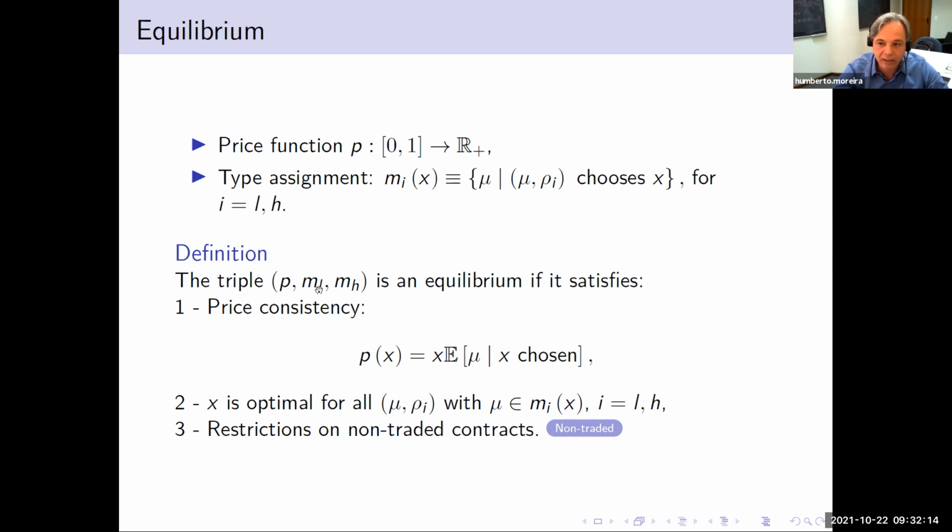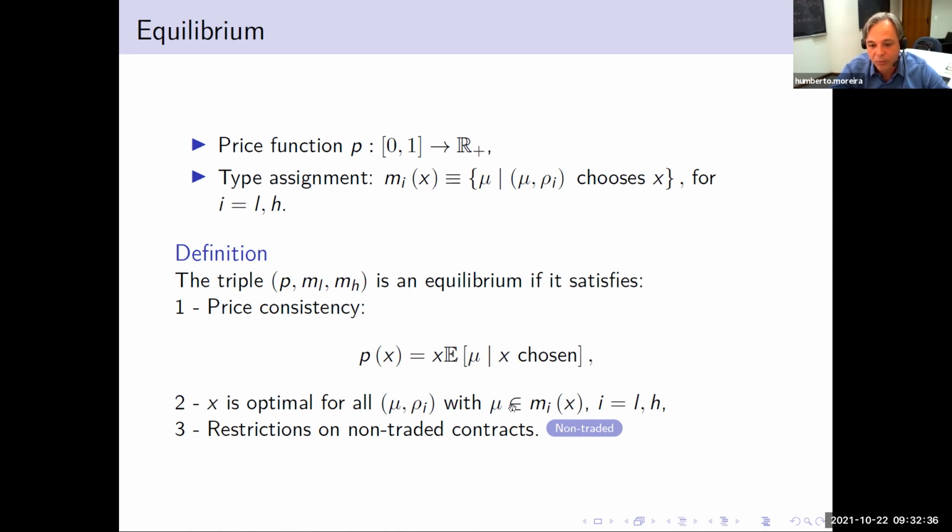So an equilibrium is a triple, as I said, which satisfies price consistency, which is a zero profit condition. The price for the contract is the expected risk times the coverage, and x should be optimal for all types mu and rho.